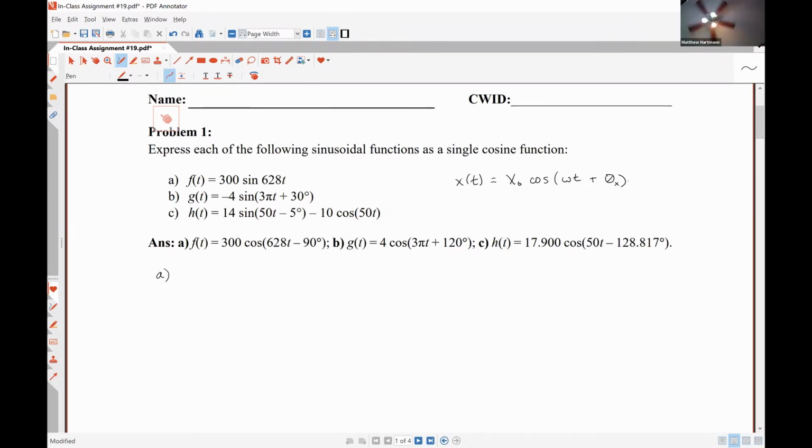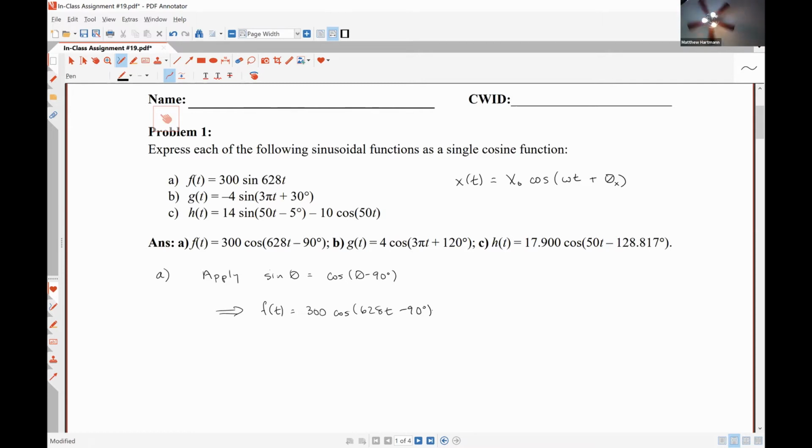So for part A, we are given a sinusoidal function, a sine function specifically. So if we apply the trig identity sine of theta is equal to cosine theta minus 90 degrees, we find that f of t is going to simply be 300 cosine 628t minus 90 degrees.